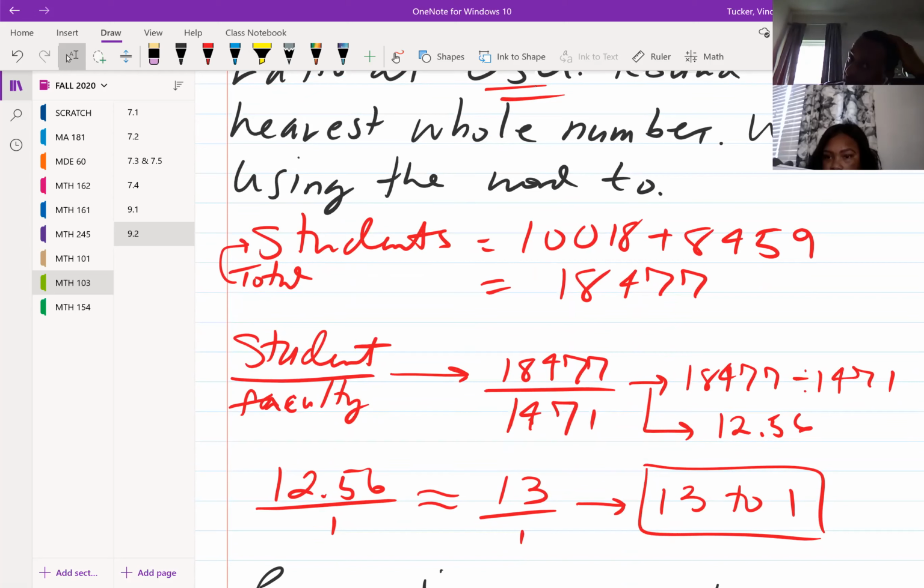So they tell us first to round to the nearest whole number. So that's 13 over 1. And also write it using the word 2. So it's a 13 to 1 ratio. So for every one faculty member, there are 13 students.